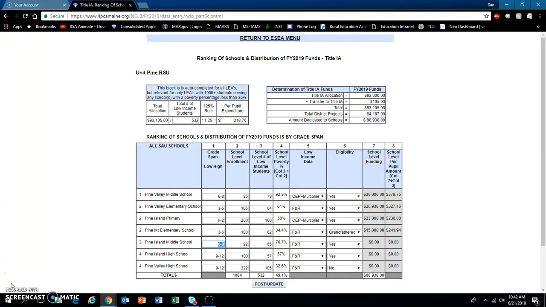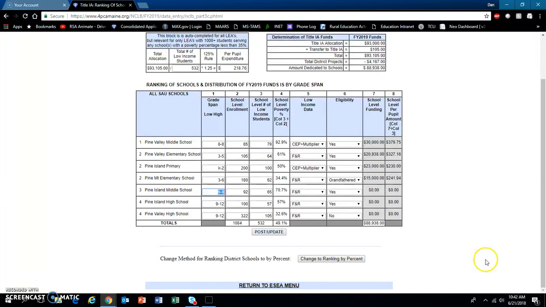And so as we continue, we are not providing Title I services or resources to the other middle and high school. We would have to go back and adjust the amount of money Pine Mountain Elementary School receives, and when you do that, hopefully it needs to be below the $230. Once that change is made, this page would look correct.